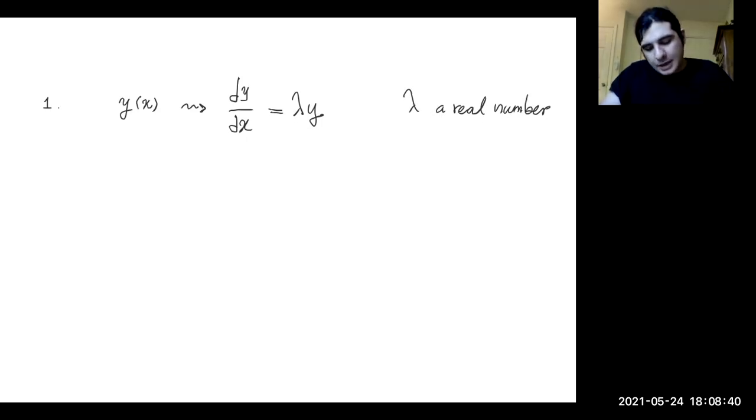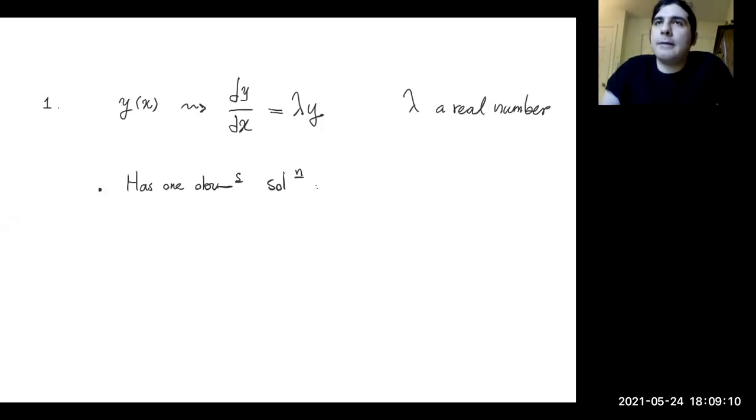Mostly we are looking for systematic ways to solve differential equations, methods which we can use in different places. Before solving, this equation has one obvious solution. Can anyone guess what is this obvious solution?